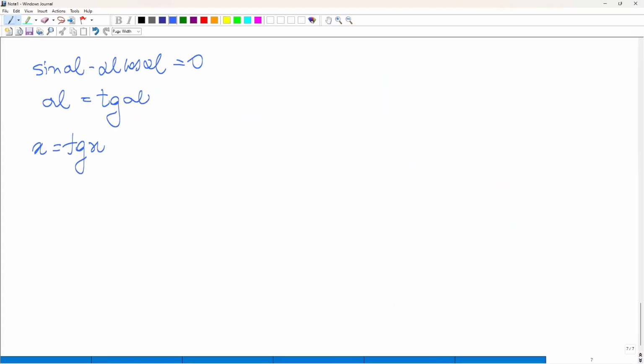Any idea on how to solve this equation? This is what a mathematician will call a transcendent equation, because the unknown is not only there, but it's also the argument of a trigonometric or logarithmic, basically an exponential function.